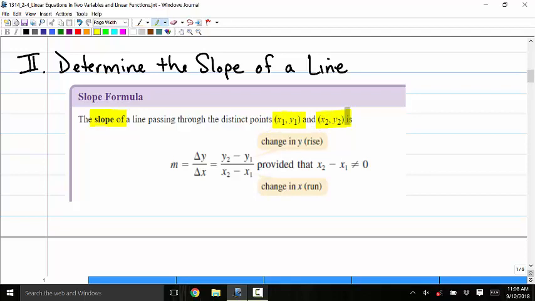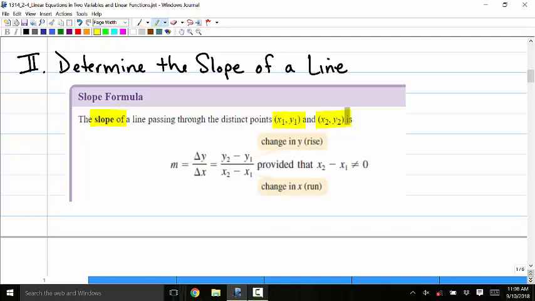The slope formula is m equals... why do we use m, by the way? Do y'all know? You can Google it if you're really interested in it. I had at one time heard that it was from the French word monter, which means to climb. I have no idea.